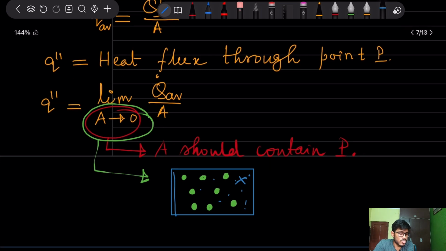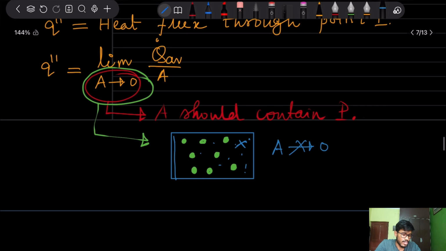So you cannot go to A tends to 0, then your continuum hypothesis will not be valid. For the continuum hypothesis to be valid, you cannot apply A tends to 0.